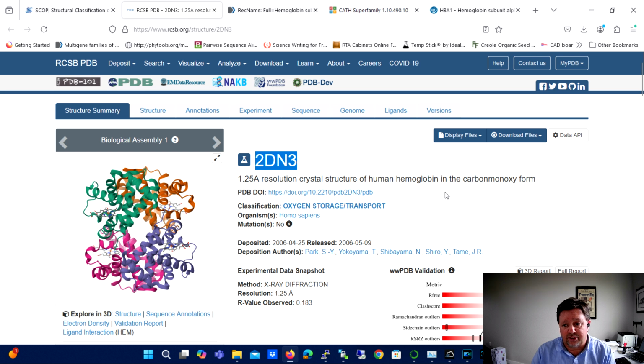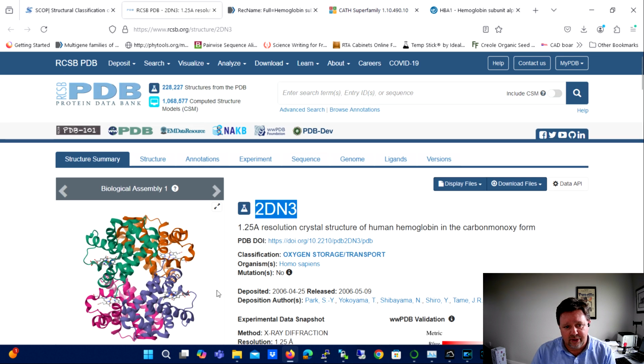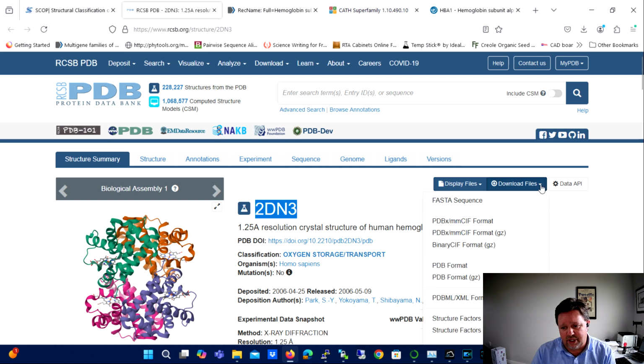So if you want to use those types of data in your analysis, then you can get those structures right here. So when you come to a structure in the Protein Data Bank, if you want just the structure and you want to download it to your machine, then you can go to download files, PDB format. Okay.